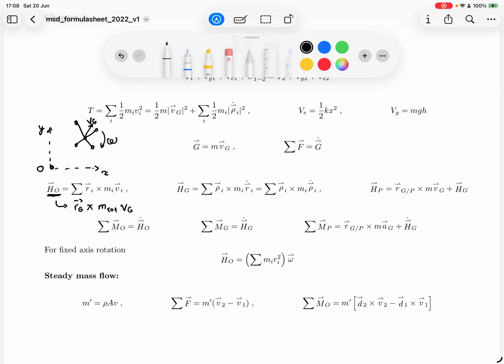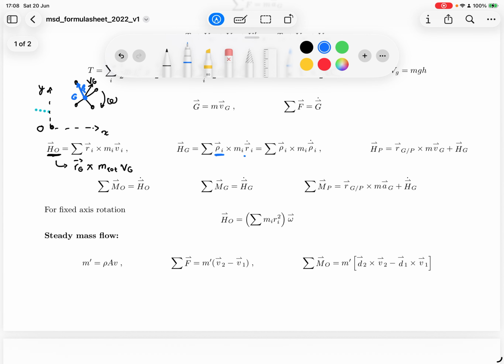So in this case, back to this example over here, if you wanted to take the angular momentum about G, which is the center over here, we're going to say it's rho i, which is the relative position between the particle and the center of mass. So rho i is the distance from the center of mass to the particle. It's this vector over here. This would be rho i.